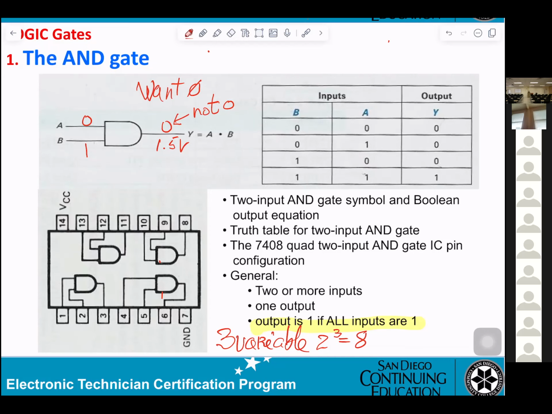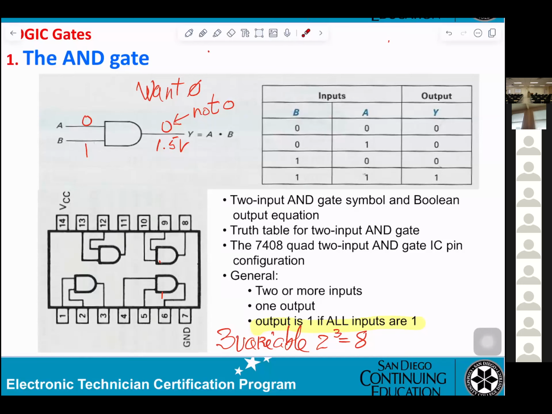When you apply 0 here, 1 here, output must be 0, depending on the table. However, when you measure here, you get 1.5 volt. It's not 1, not 0, you know something is wrong. How can you fix the problem? That is what we're talking about: troubleshooting. Tell me, what can you do?